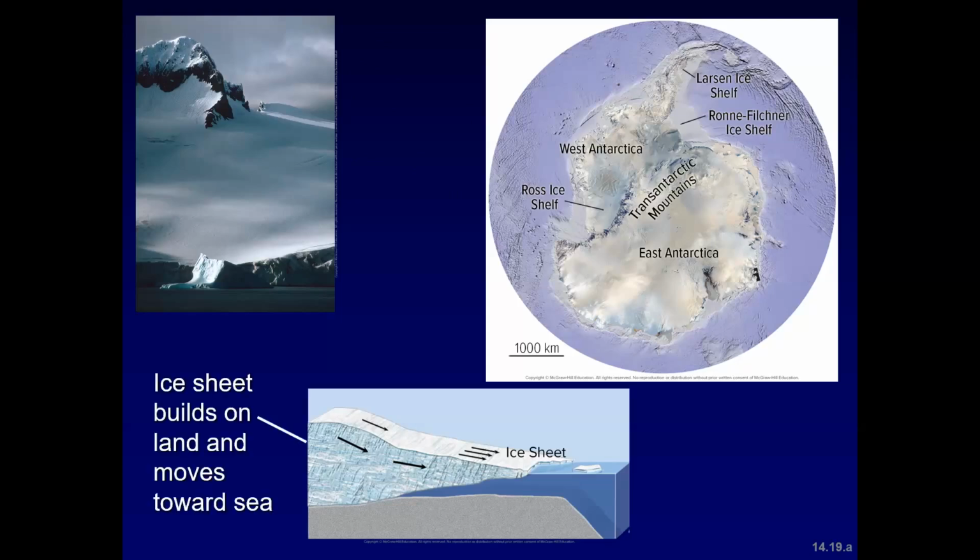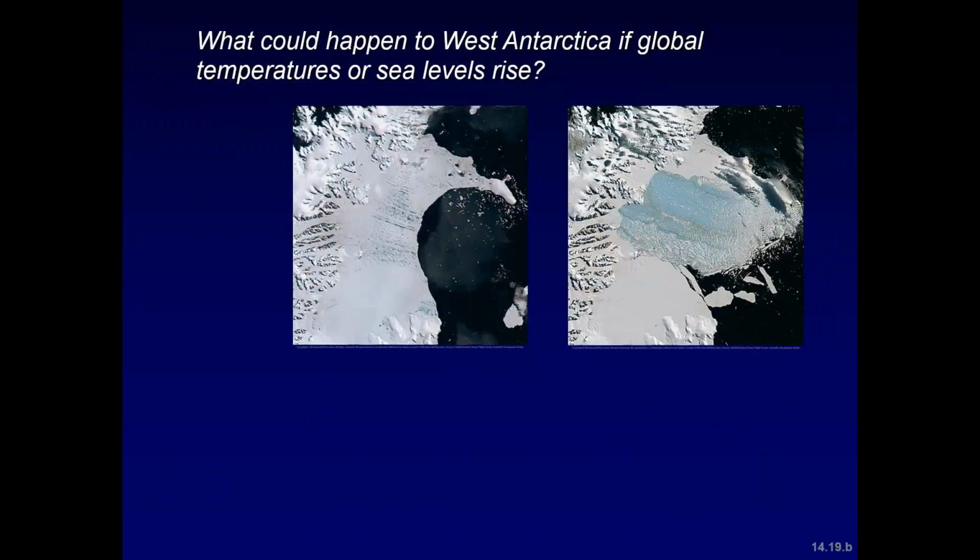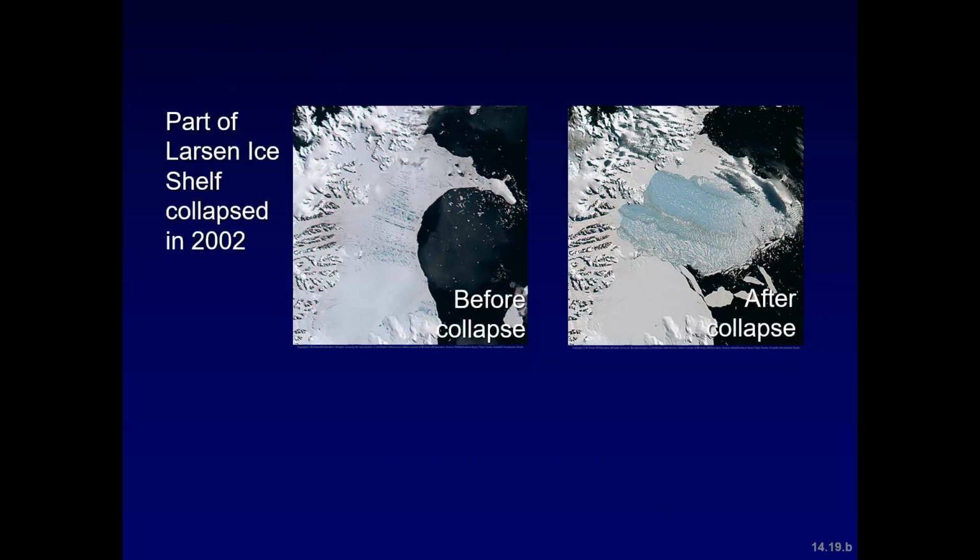The ice sheet builds on land and moves toward the sea. And the outer parts of the ice sheet float on the sea as an ice shelf. But what could happen to West Antarctica if global temperatures or sea levels rise? Well, part of the Larsen ice shelf collapsed in 2002. This is what it looked like before the collapse and then after the collapse.